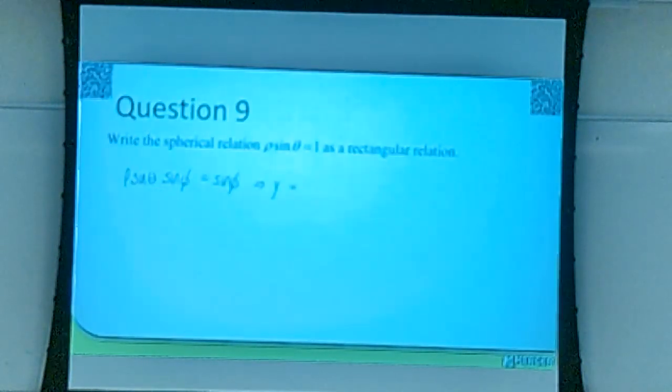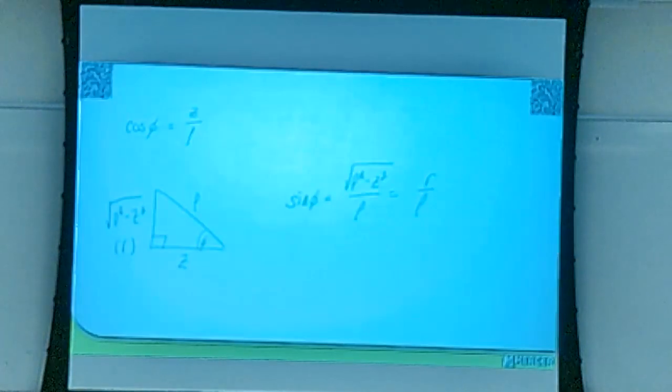Oh, but wait a minute. r is just what? Square root of x squared plus y squared. What's rho?